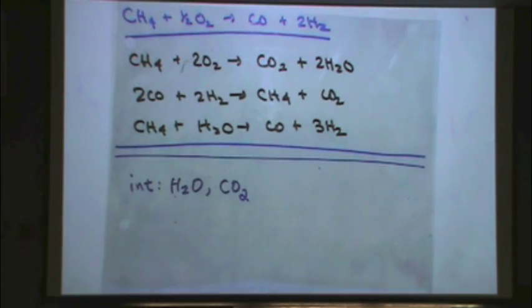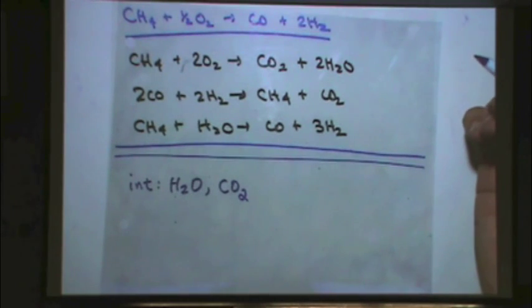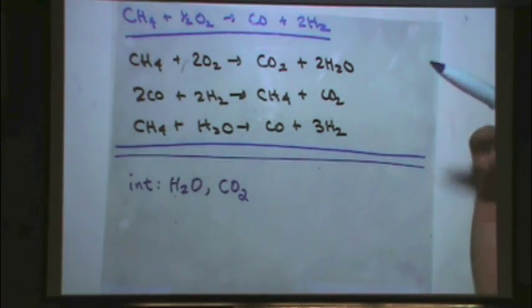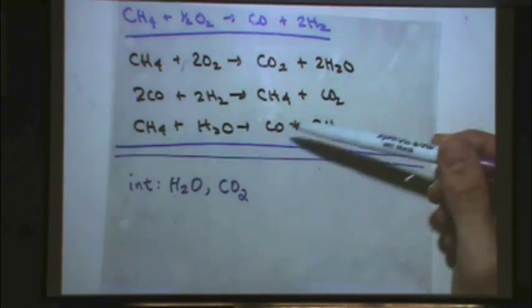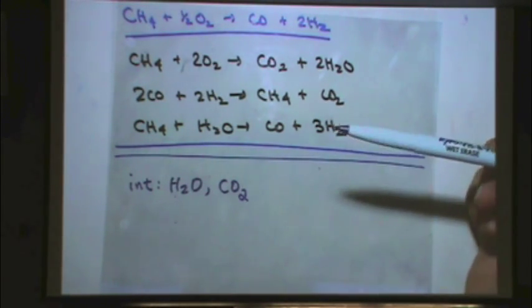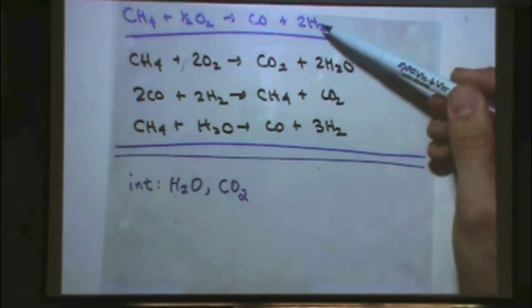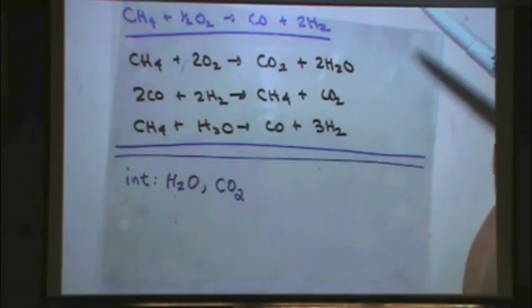That means these must cancel as I add up the consecutive reactions. There's two kinds of methods we're going to take here. One is I can manipulate these so that these cancel, and the second is manipulate these so they match with what should be here.